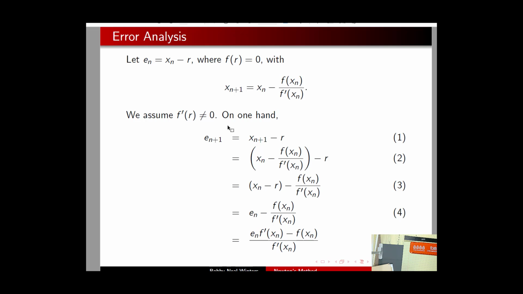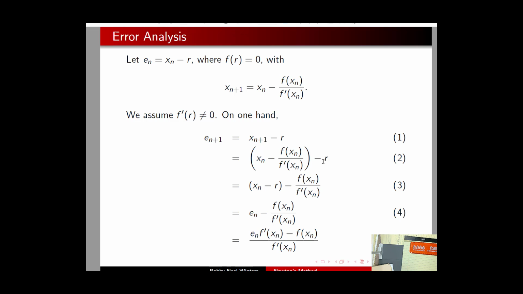Okay, so on one hand, we can go through and say, by definition, my n plus first error is here. So I replace x sub n plus 1 by its Newton's method formula. Okay, and then I rearrange some stuff.